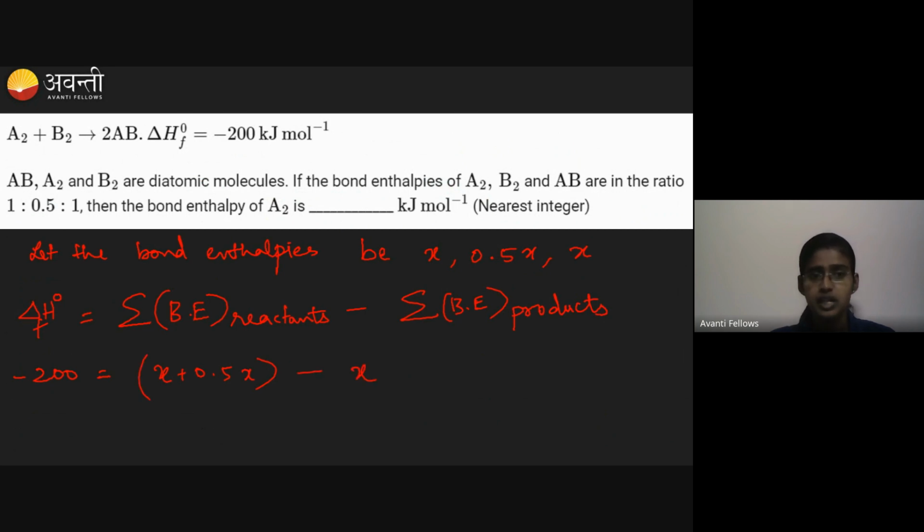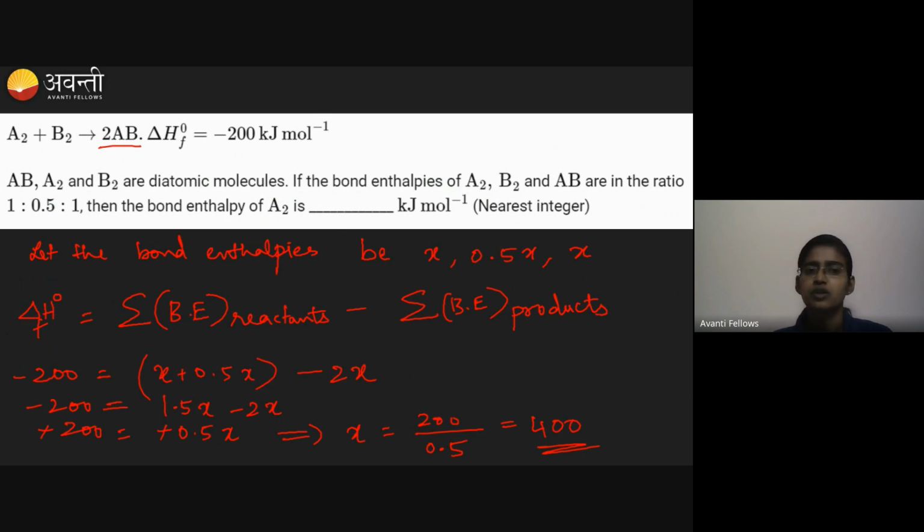Product is x, but we have 2AB, so it is 2x. So x plus 0.5x is 1.5x minus 2x is equal to minus 200. So minus 200 is equal to minus 0.5x. Minus minus gets cancelled. So x will be equal to 200 by 0.5, which is 400. So x is equal to 400. So the bond enthalpy of A2 is 400.